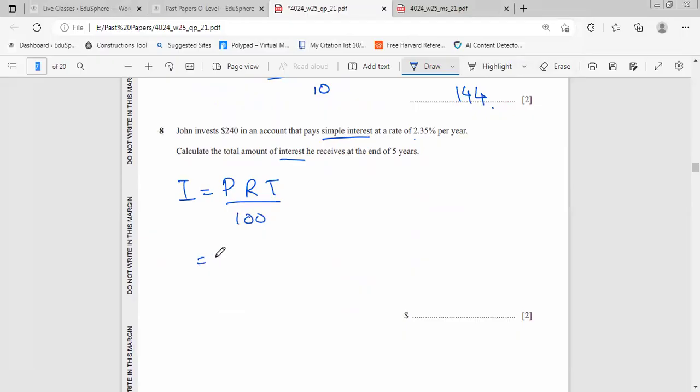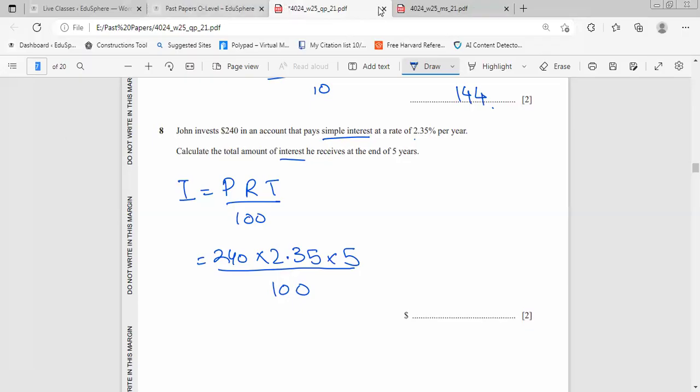So we multiply the principal amount, which is $240, times the rate of interest, which is 2.35, times the time period, which is 5 years, divided by 100. Using the calculator again, 240 times 2.35 times 5 divided by 100.